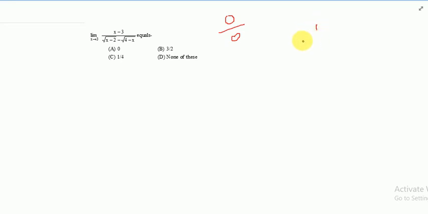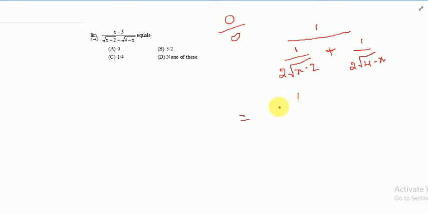Derivative of x minus 3 is 1 divided by derivative of denominator will be 1 divided by 2 into square root of x minus 2 into derivative of x minus 2 will be 1, minus 1 divided by 2 into square root of 4 minus x into derivative of 4 minus x will be minus 1. Therefore minus of minus it becomes plus. Okay, now we can apply limit of x tends to 3.